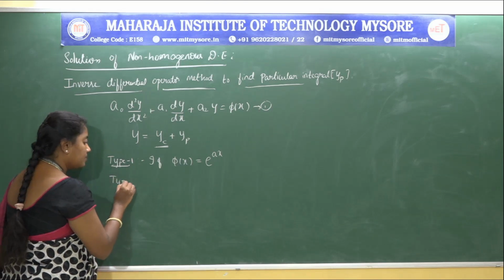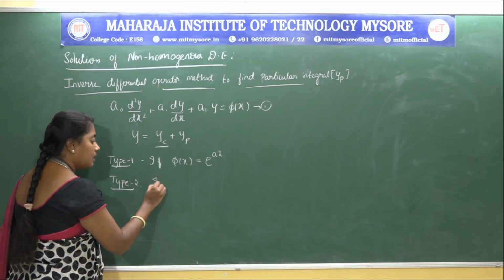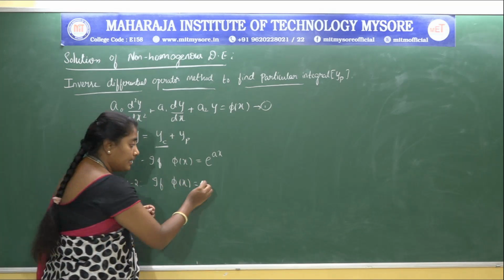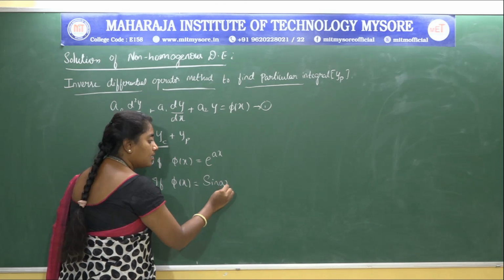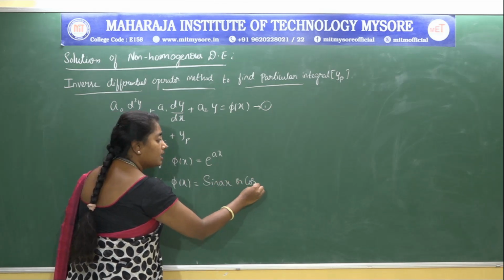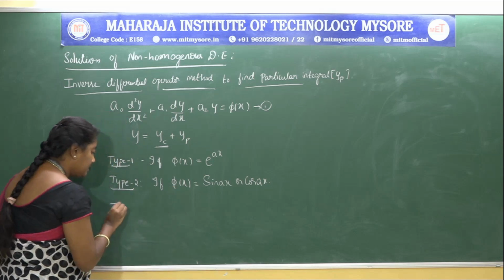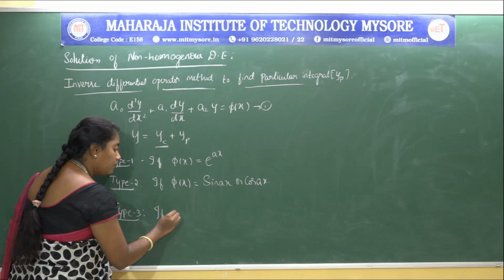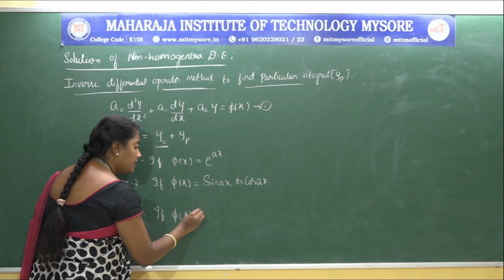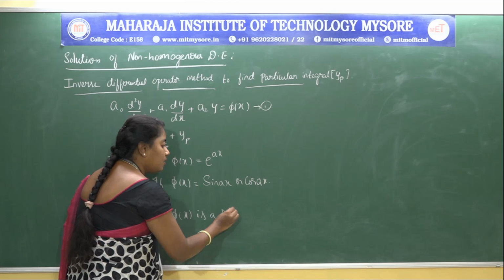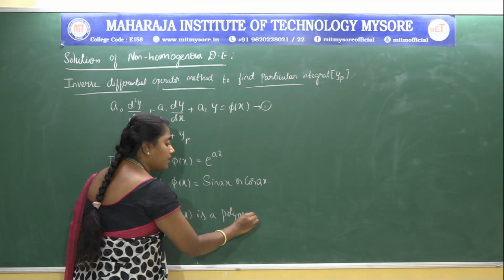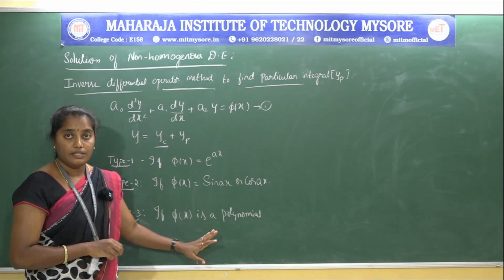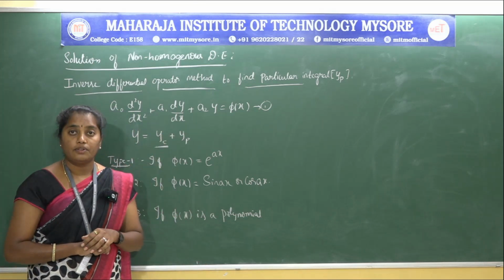Type 2, if phi of x is a trigonometric function, particularly sin ax or cos ax. And the last type, type 3, if phi of x is a polynomial. These are the three types of phi of x function in a non-homogeneous differential equation.